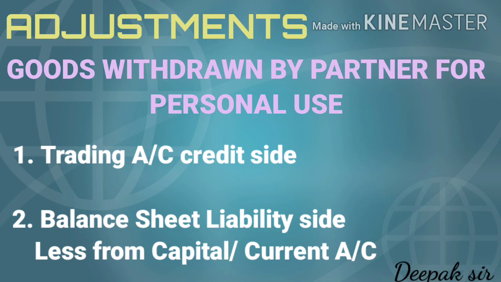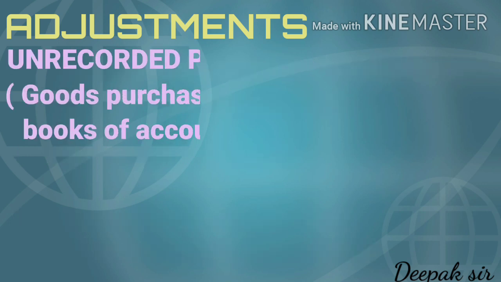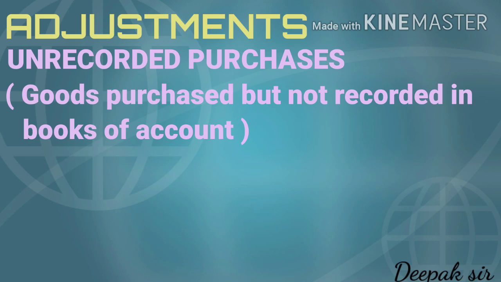Now we have to see the next adjustment, that is unrecorded purchase. The adjustment will be given like this, that is goods purchased but not recorded in the books of account.